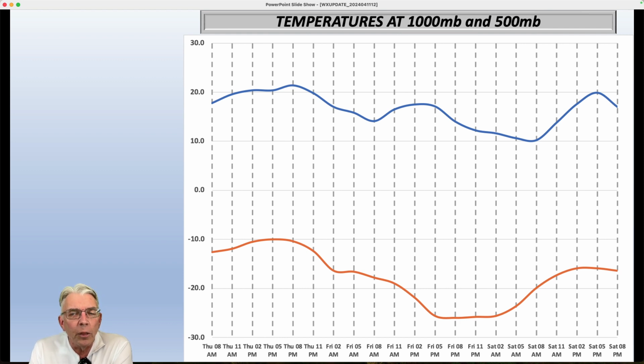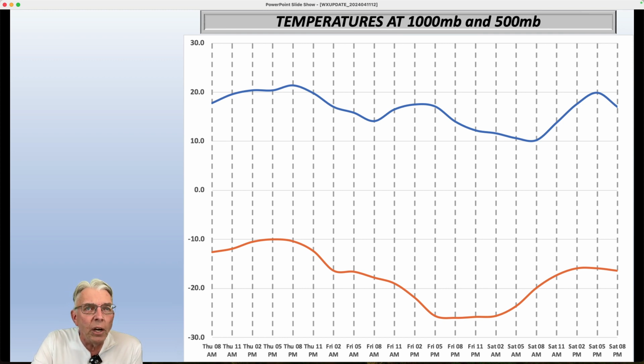And down at the bottom, that is the temperature at 500 millibars, or about 18,000 feet up. And if you see a temperature of minus 10, that's about 14 degrees Fahrenheit. Minus 20 is, let me do this in my head here, minus 4. And minus 25 is about minus 13 degrees Fahrenheit, okay? So that gives you an idea as to what those two lines translate to in terms of Fahrenheit readings.